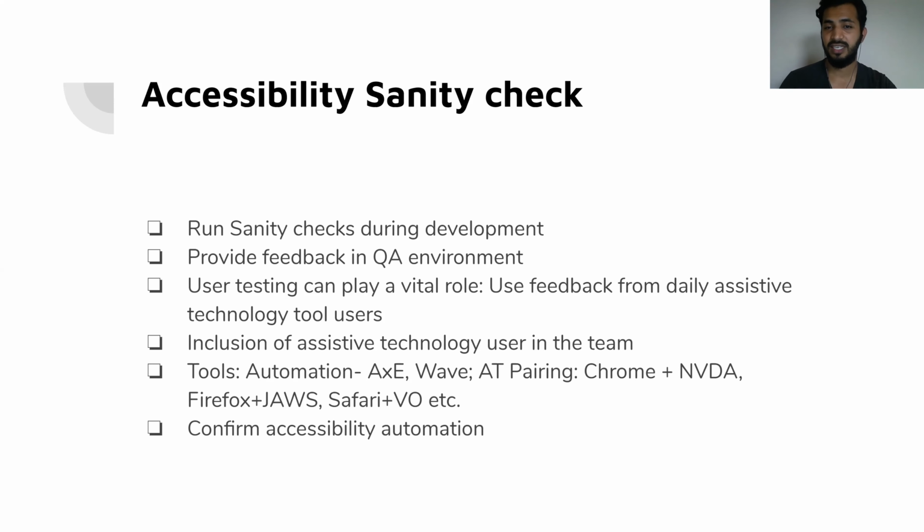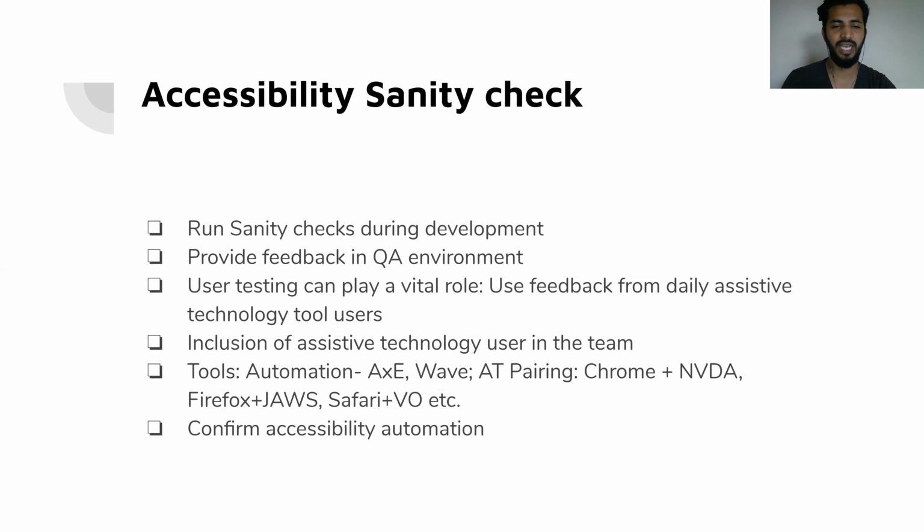Now, user testing can play a vital role here. Again, for bigger organizations, if they have their own opinion lab, which includes users who use assistive technology to operate products, web-based, natives, whatever the product is, or even documentations, that can be really helpful. And as I've mentioned before, having an assistive technology user in the accessibility engineering team can come really handy, because they will give you the actual feedback.